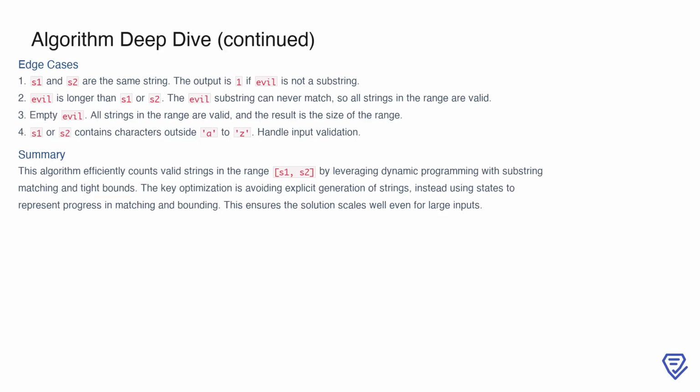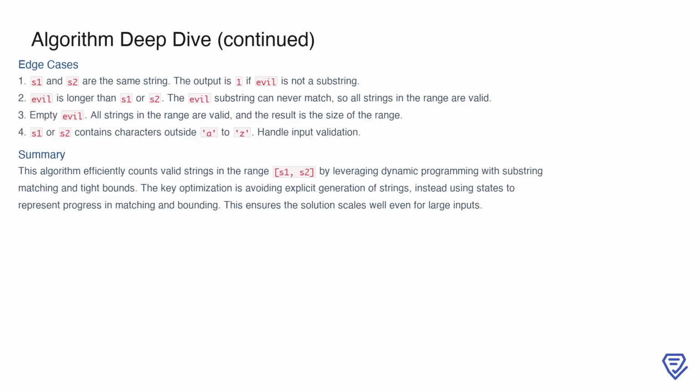Additionally, if S1 or S2 contains invalid characters outside the range A to Z, input validation should handle these scenarios. In summary, this algorithm efficiently counts valid strings by combining dynamic programming, substring matching, and type bounds. By avoiding explicit generation of strings and leveraging state transitions and memoization, it ensures optimal performance even for large input sizes.